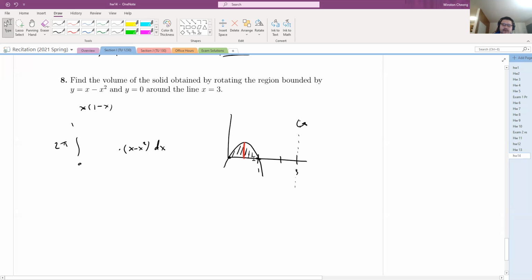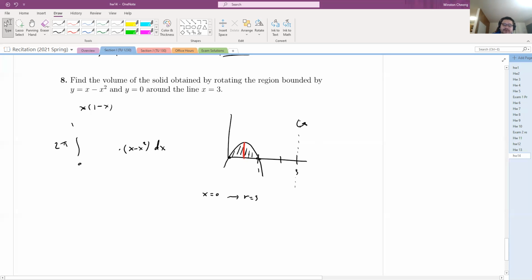It can be at 0 and it can be at 1. Then we can construct from there what the radius function should be. Say the red line is at x equals 0. What is the radius? Well, we go from 0 to 3, so the radius should take the value 3.